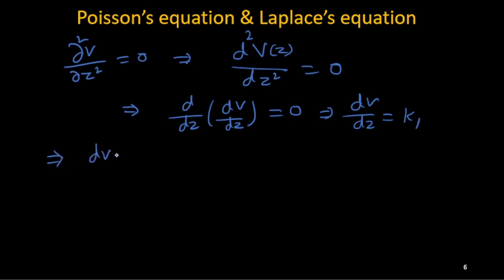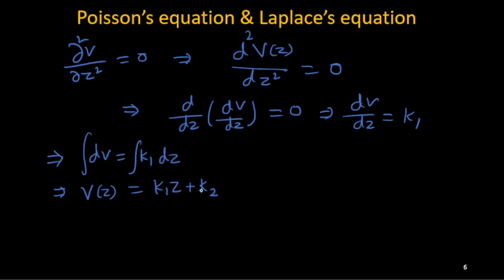Now dV I can write as k1 dz. Now if I integrate on both sides, what I will get? V, that is a function of z, equals k1 z plus k2, another constant. So this is the expression, right?